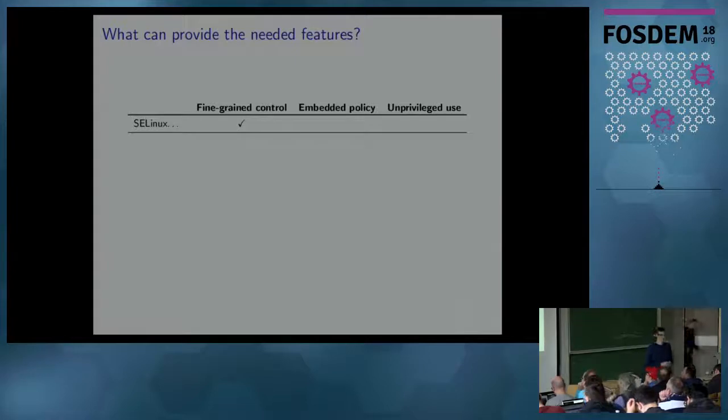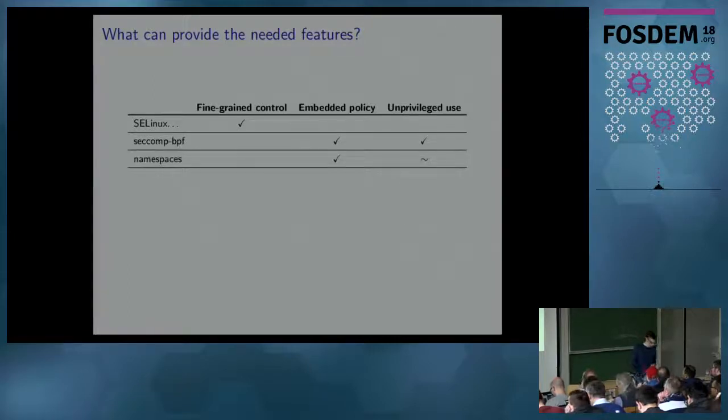However, they're not designed to embed their own security policy in your container, so you have to configure the security policy for the whole host. Obviously, there's some work going on with namespacing LSMs, but that's not here yet. And last but not least, you cannot enforce security policy if you're not running as root. So you need to be the system administrator to be able to enforce the security policy on your processes, even if it is an unprivileged container.